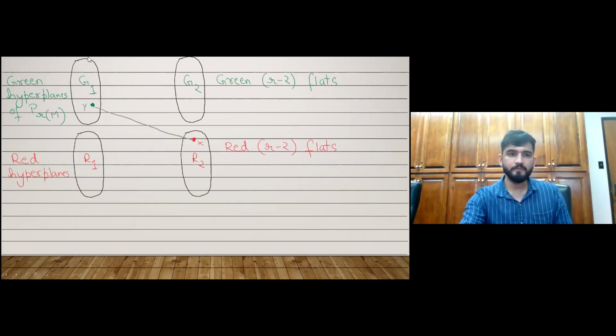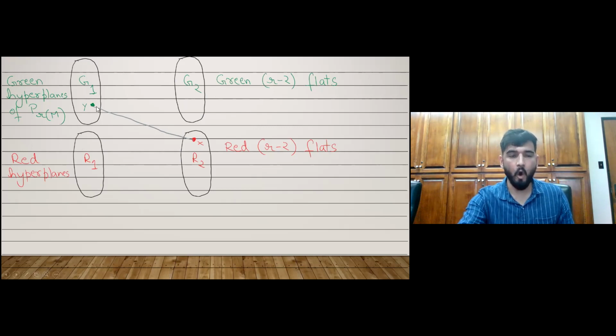Okay, so we consider all the hyperplanes. Hyperplanes are divided between green hyperplanes and red hyperplanes, and similarly for rank R-2 flats. So we have these 4 subsets.